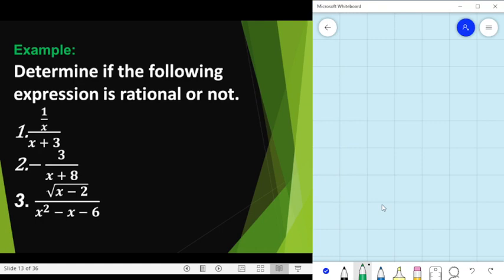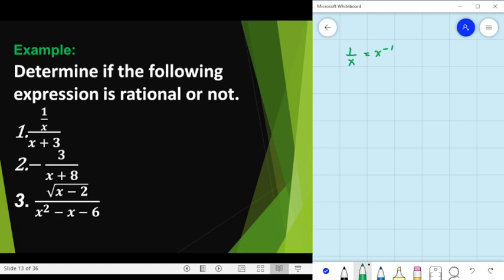The numerator is 1 over x, which is similar to x to the negative 1. Since the exponent is negative, it's not a polynomial, meaning the whole thing is not a rational expression.